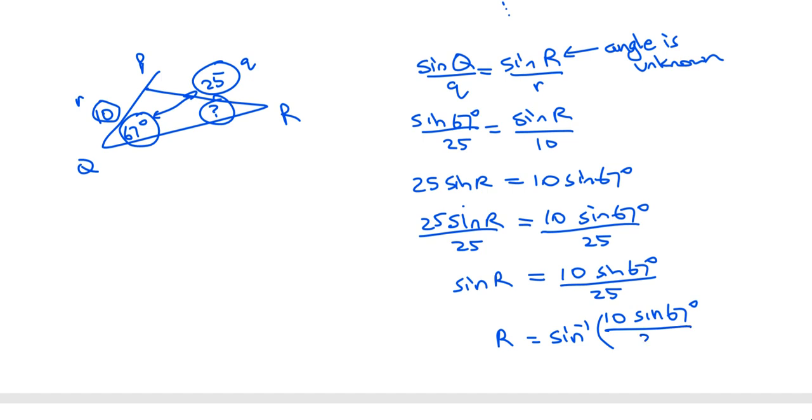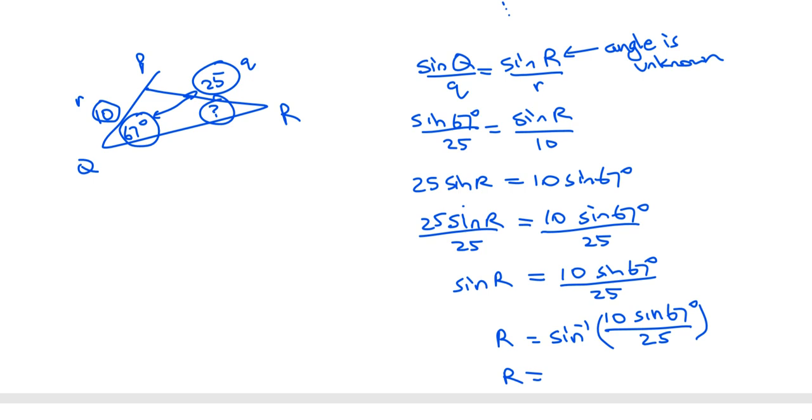And I still have not put anything into the calculator until now. So now in my calculator, I'm going to go sine inverse, right? So that's either second function or shift. If it doesn't open a bracket for you, you'll need to open a bracket. And then in the bracket, you'll go 10 sine 67 divided by 25, close the bracket, and see what you get. So I'm going to do that now.